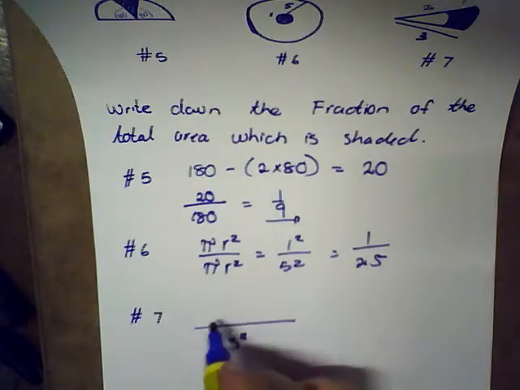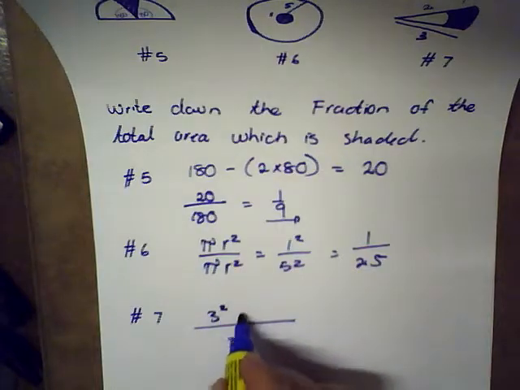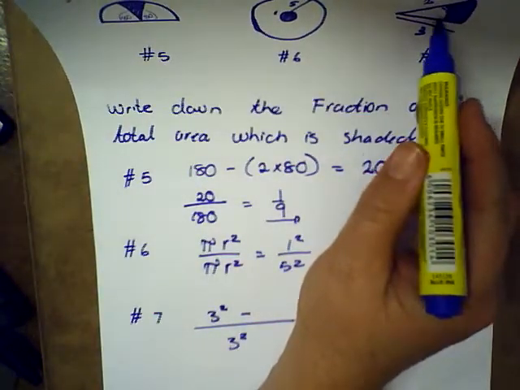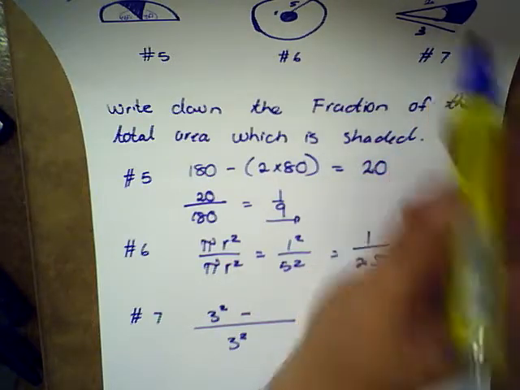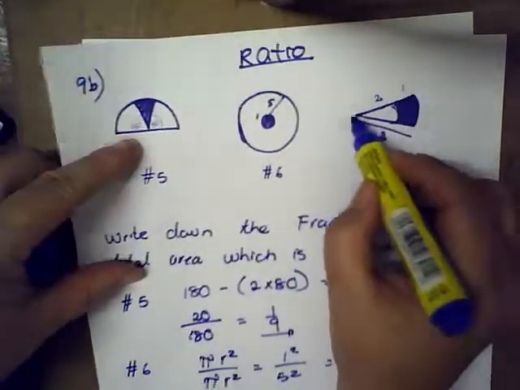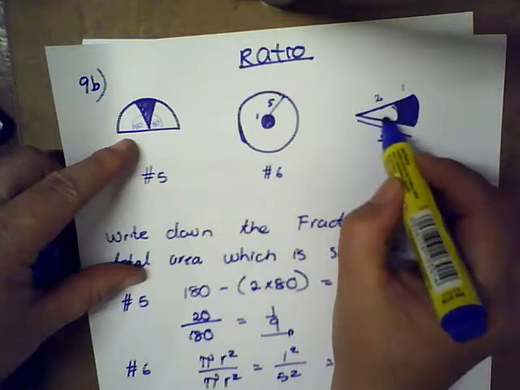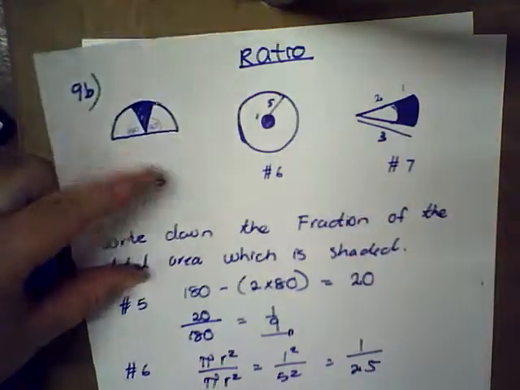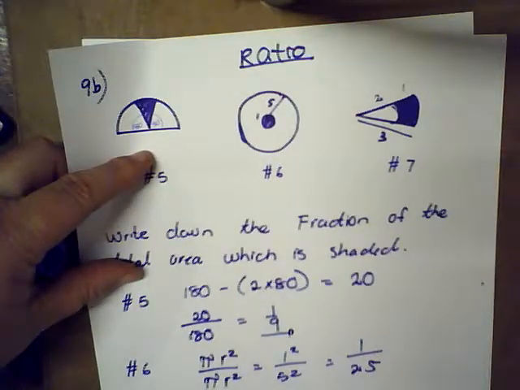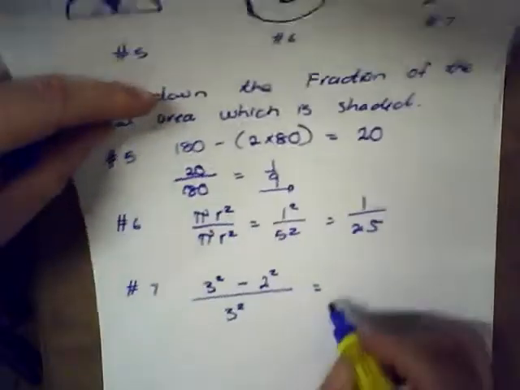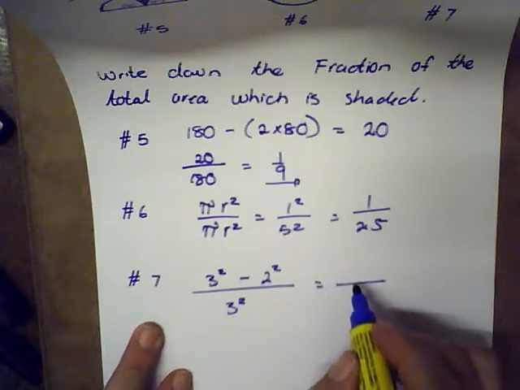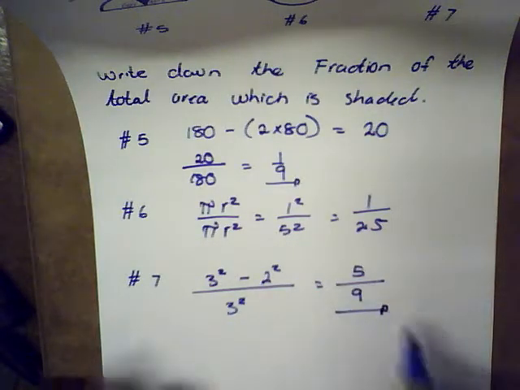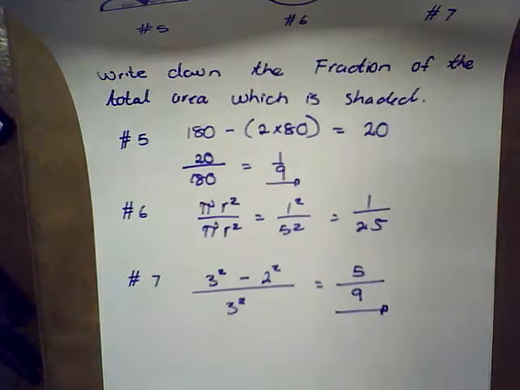But it's the full one minus the little part, the little radius there, that would give me the shaded area. So this big part minus the unshaded part would give me the shaded part for the numerator. So it's 3 squared minus 2 squared. And if I do the calculation there, I get 5/9.